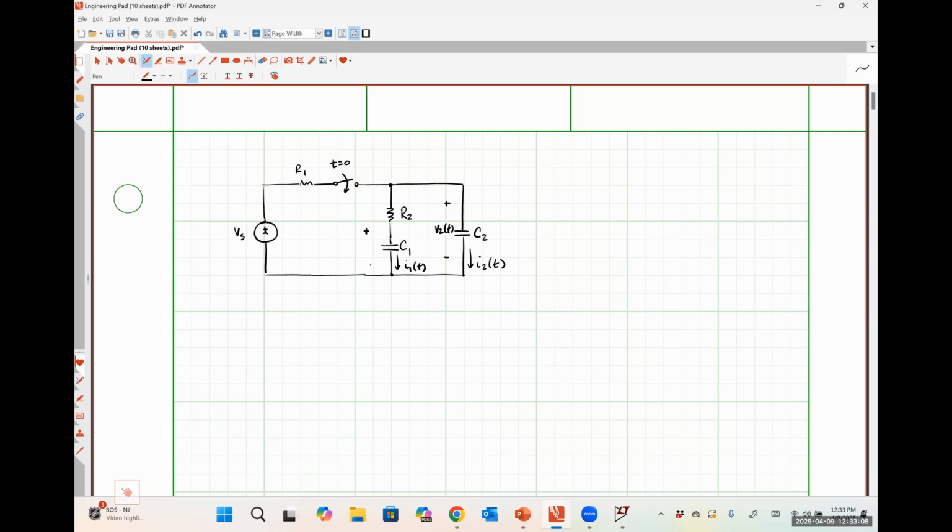And the voltage drop across capacitor C1 will be V1 of t. So since we have two capacitors here, ultimately our goal is to come up with a second order differential equation, either with V1 as our only variable or V2 as our only variable. If we had a circuit like this where instead it was only inductors, we would be looking for the inductor currents as what our differential equation is going to be based on, right? Okay.